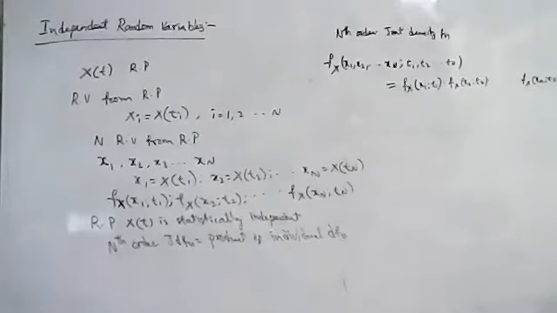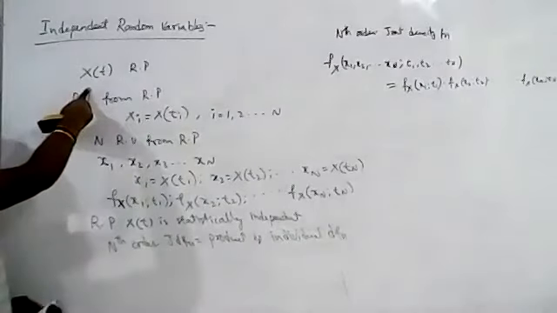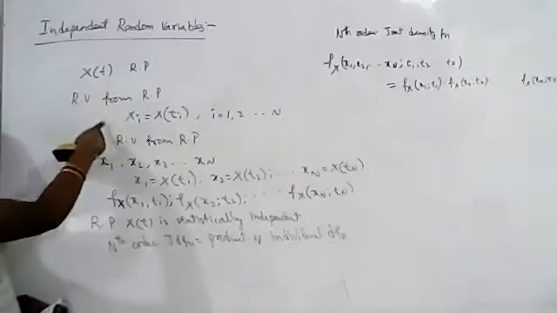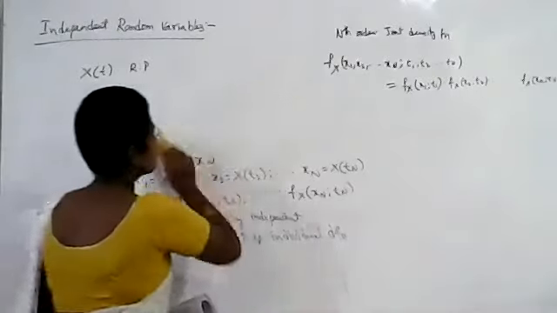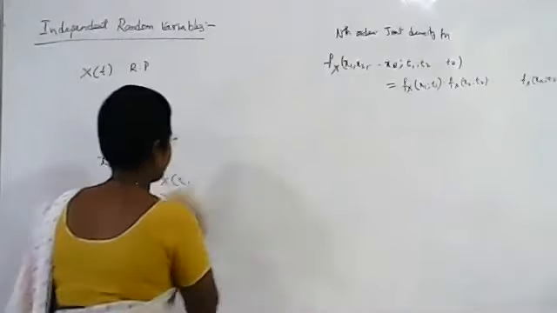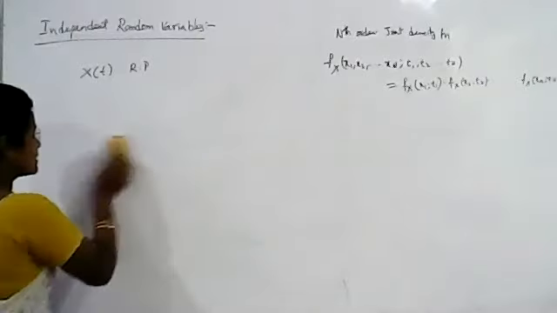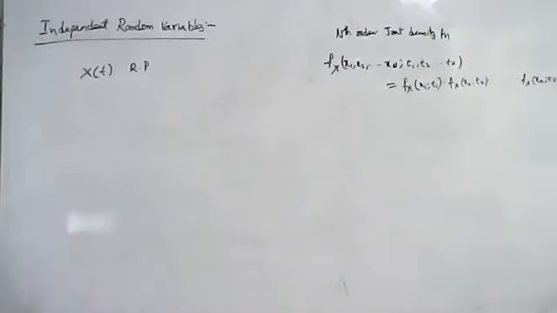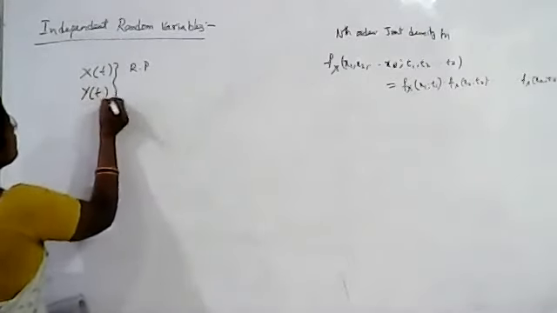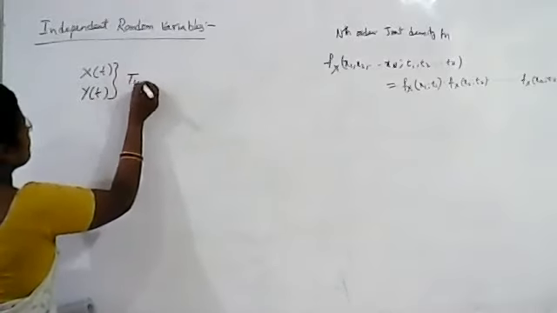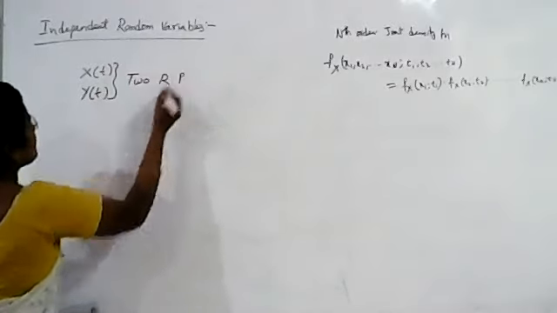Now, here we have considered the single random process X(t). From the single random process, we are getting n random variables. Now, we consider two random processes. Instead of considering only a single random process, we will consider two random processes, say X(t) and Y(t).